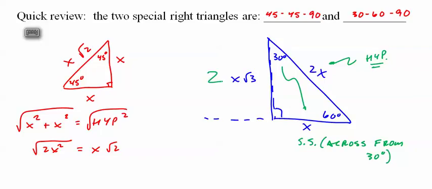And I like to call this the long side, because it's across from the 60. Notice hypotenuse is always hypotenuse. Again, people get lost. Oh, well, the longest side is the hypotenuse. Hypotenuse, hypotenuse. Long side is its own thing.